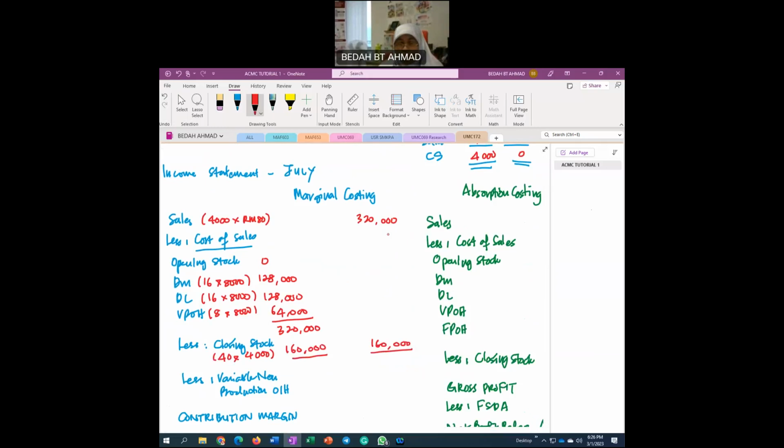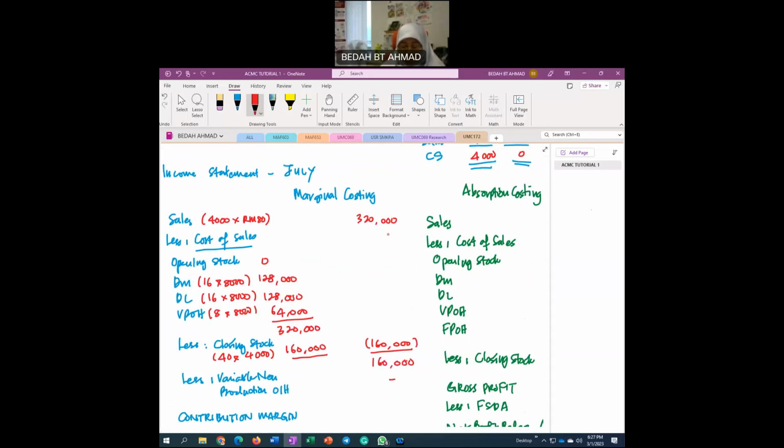Less the variable non-production overhead, which is not given in the questions, so it does not exist.